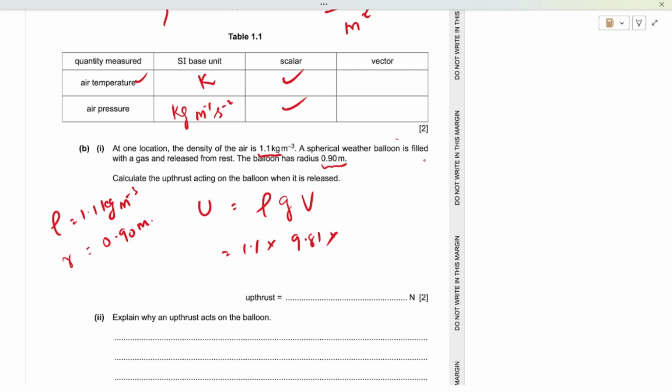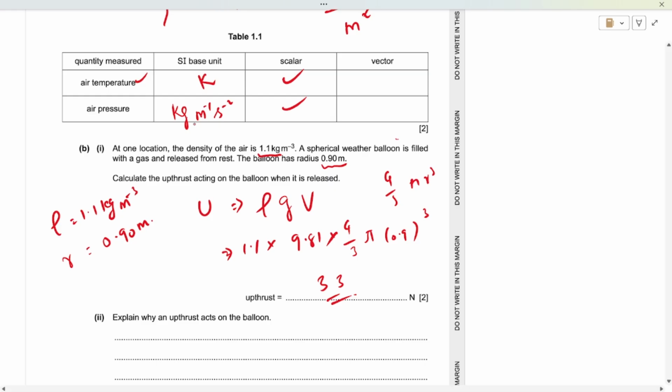The volume of a sphere is 4 by 3 pi r cubed. So 4 by 3 pi and 0.9 the whole cube. On the calculator, we are left with 33 Newton. That's the thing.